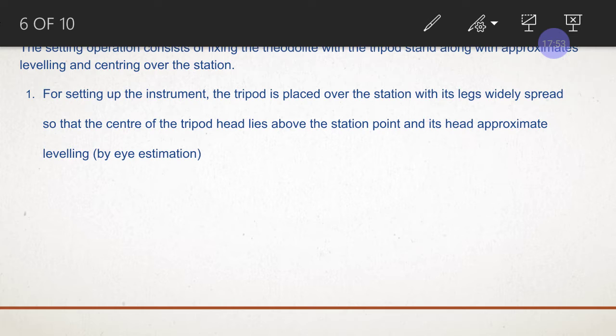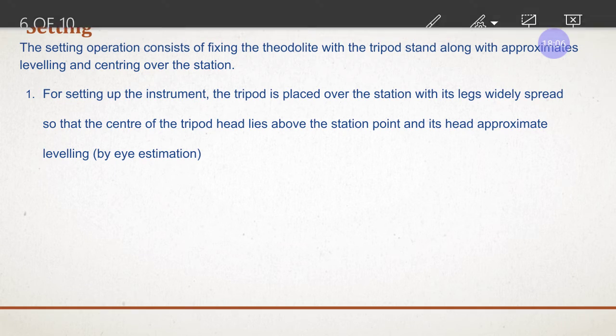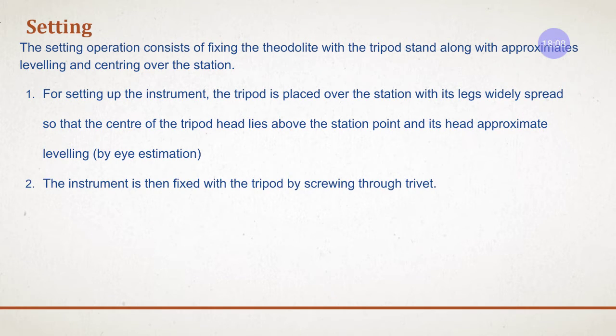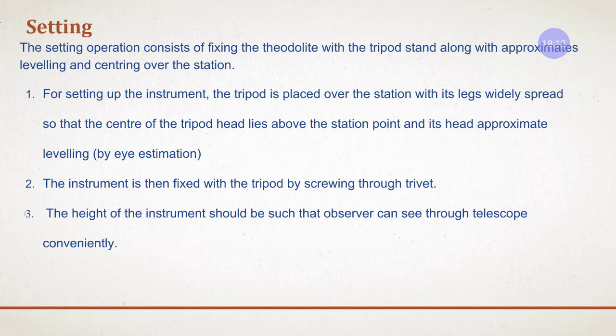So for setting up the instrument, the tripod is placed over the station with the legs widely spread so that the center of the tripod head lies above the station and its head is approximately leveled. And the height of the instrument should be such that the observer can see through the telescope conveniently.